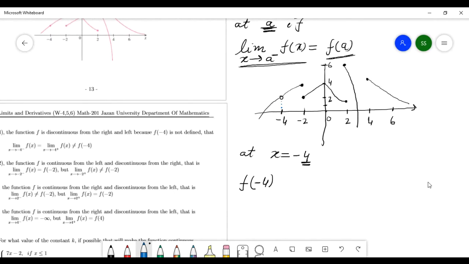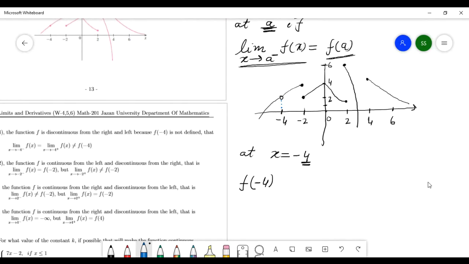See this. So here there is no output. Here is a hole in the graph. In the graph there is a hole, that is, just above -4 there is a hole in the graph here.